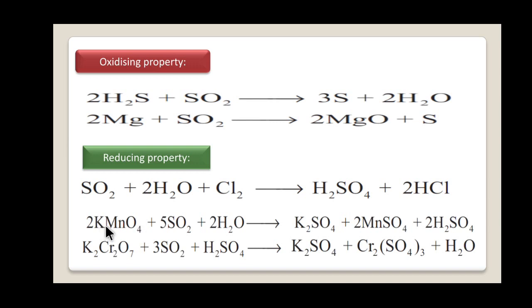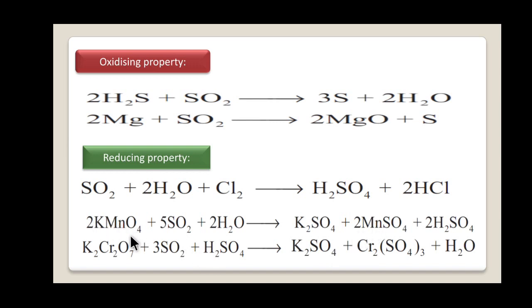For example, in potassium permanganate the oxidation number of Mn is +7. In potassium dichromate, the oxidation number of chromium is +6. Now when they react with SO2, +7 is reduced to +2 and +6 is reduced to +3. Is it clear? This is the reducing property of SO2.